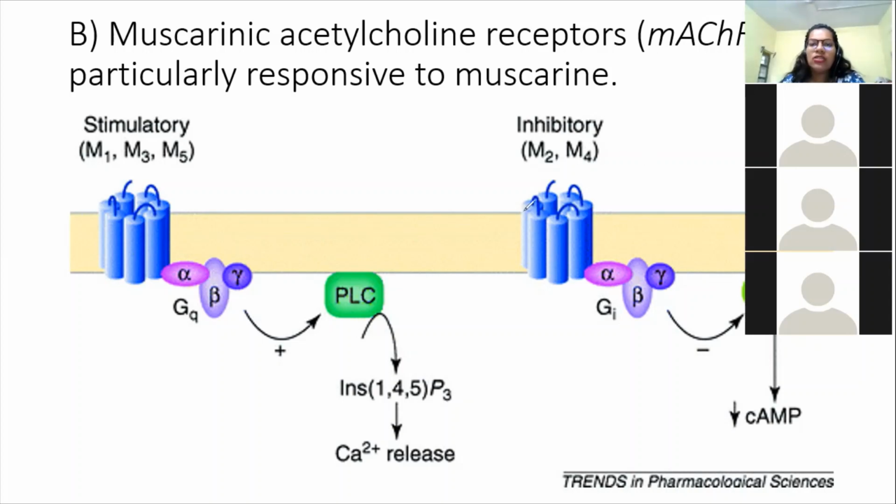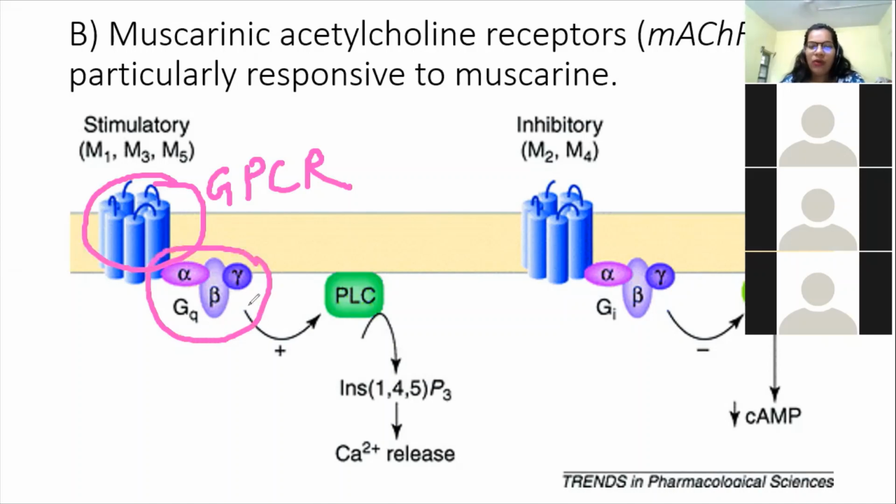What is important over here is that it is dependent on your GPCR, that is G protein coupled receptors. So you can see you have got your muscarinic receptors here and they're associated with your GPCR. Now, when they bind, GPCR gets activated, phospholipase C enzyme gets activated, and calcium is released.